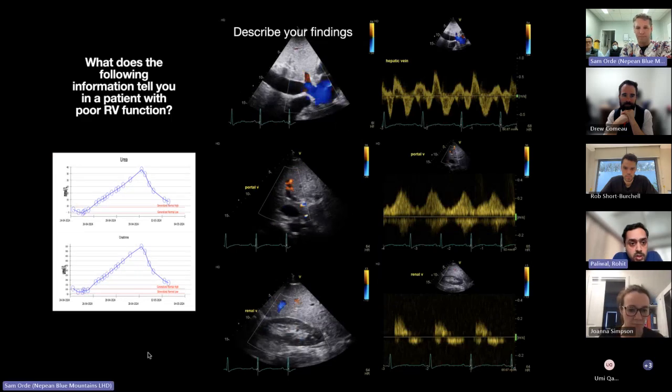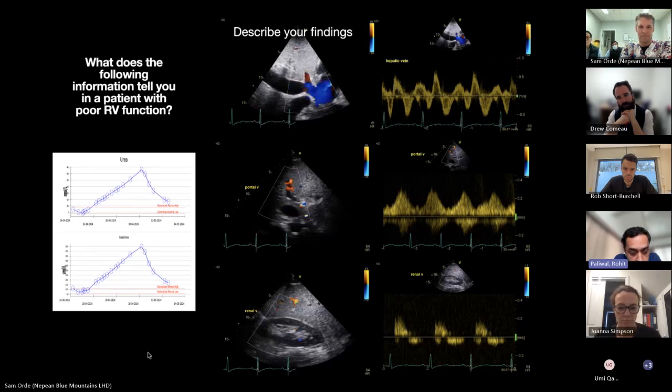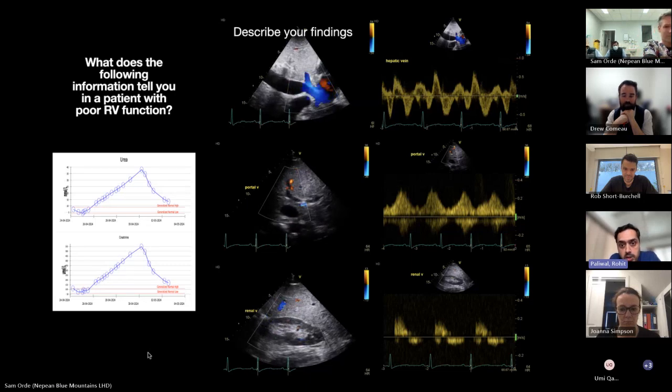Okay, final one. What does the following information tell you in a patient with poor RV function? So we've got the urea creatinine, which went up and is now going down. On the top diagram, we've got a subcostal view focusing on the inferior vena cava.